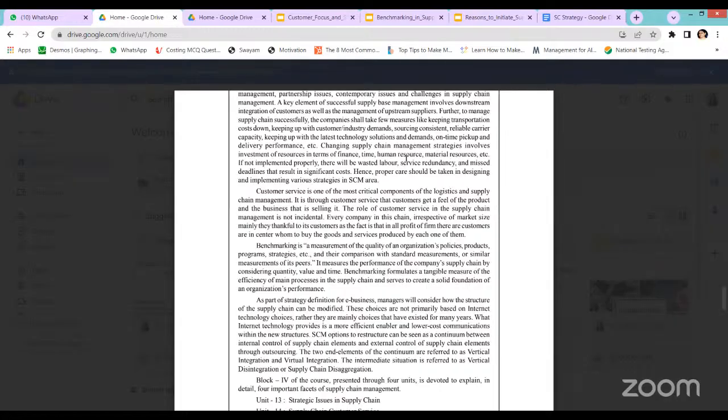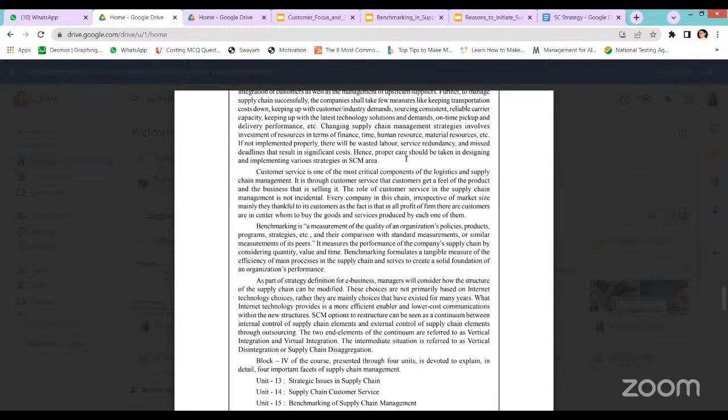Under this topic, we will learn about measuring the quality of organizational policies and program strategies, and measuring the performance of the company with regard to quality, value, and time using these benchmarks. A benchmark formulates a tangible measure of the efficiency of main processes in the supply chain and also serves to create a solid foundation for organizational performance.